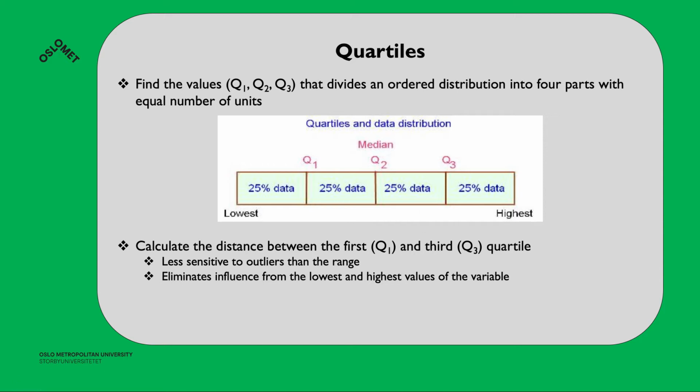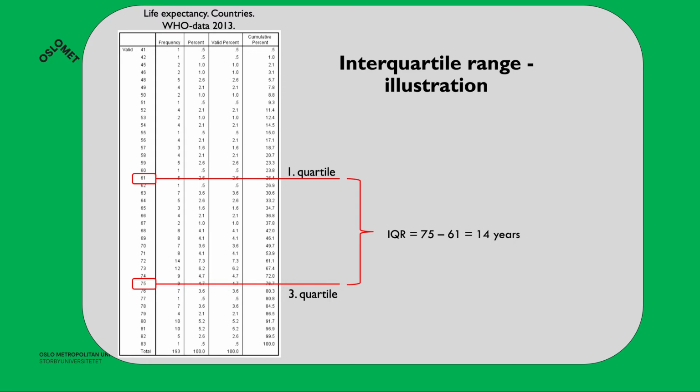Then you get a measure that is less sensitive to outliers than the range, and you eliminate the influence from the lowest and the highest values of the variable. And you can calculate the interquartile range by using the frequency distribution.